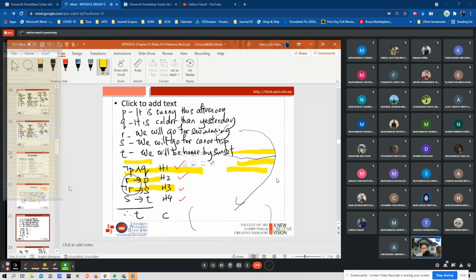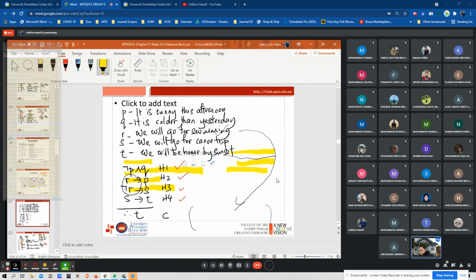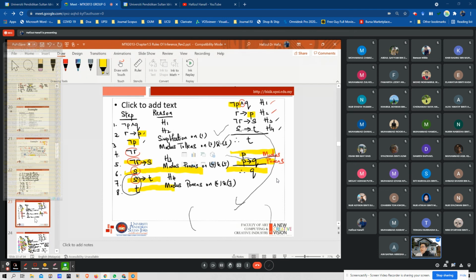Okay, then we identify the process. The reason: we have H1 and H2, and then we do the simplification on 1, and then we have modus tollens on 2 and 3.